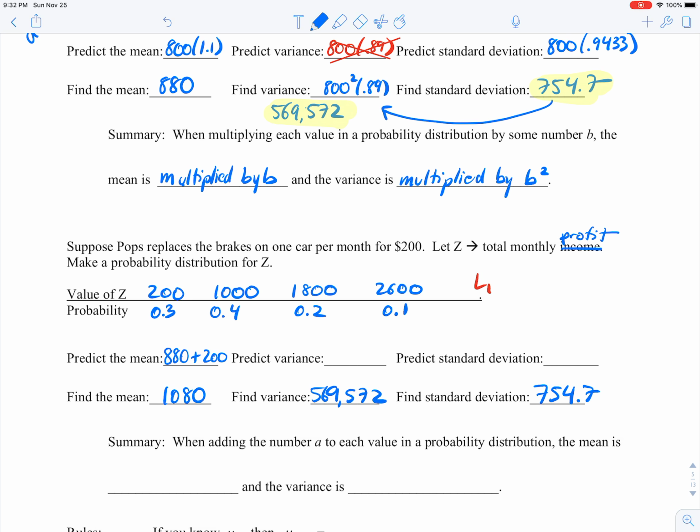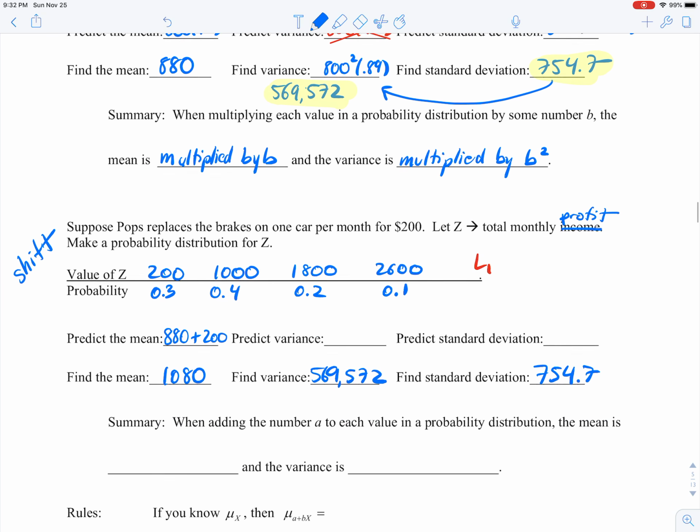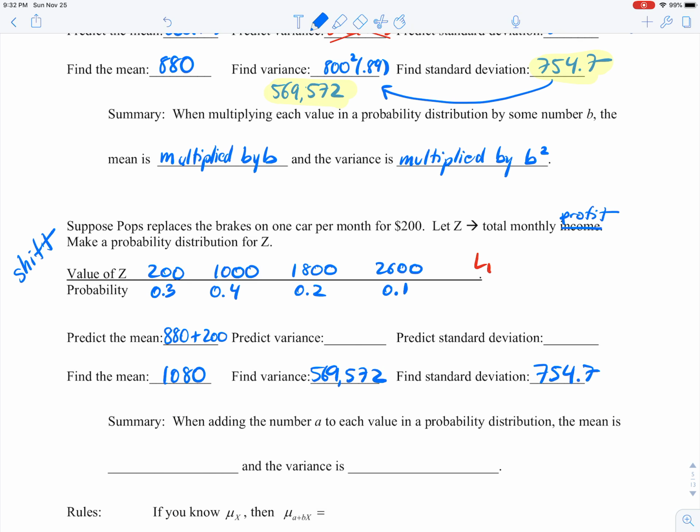When you add $200 to every possible data point, does the data spread out? No. All you're doing is shifting it up. You're not stretching it out or compressing it. You're just shifting it up or down. It's not going to change how much it's spread out. So the variance and standard deviation should stay the same.